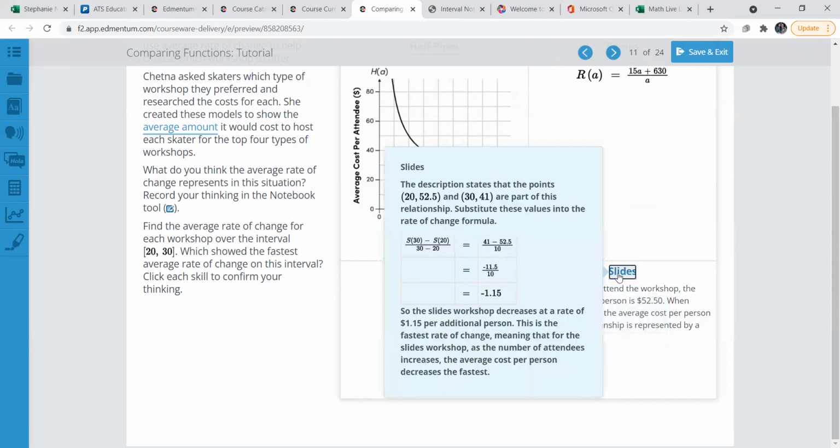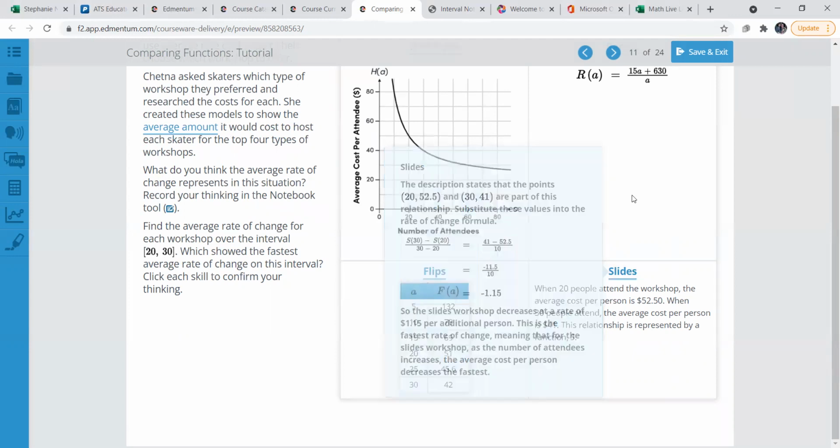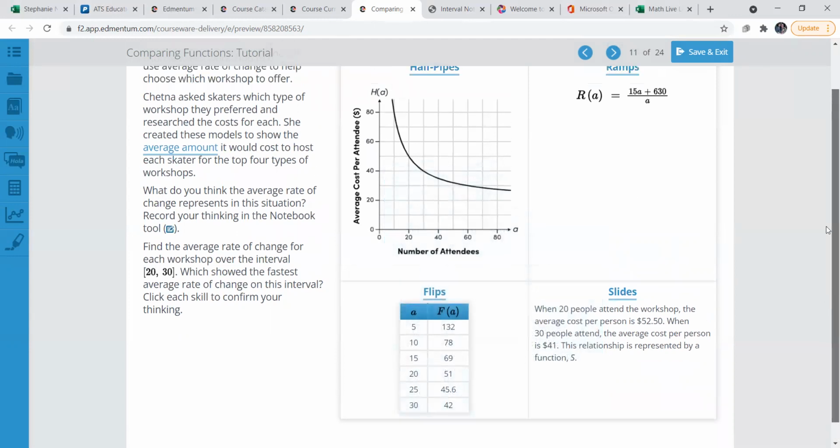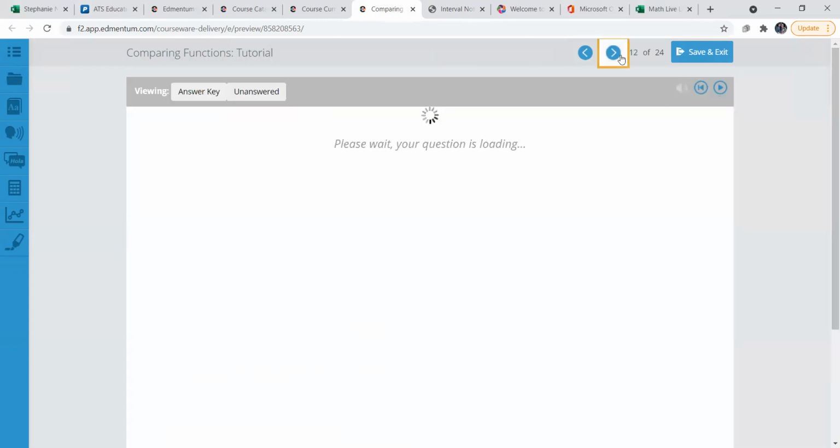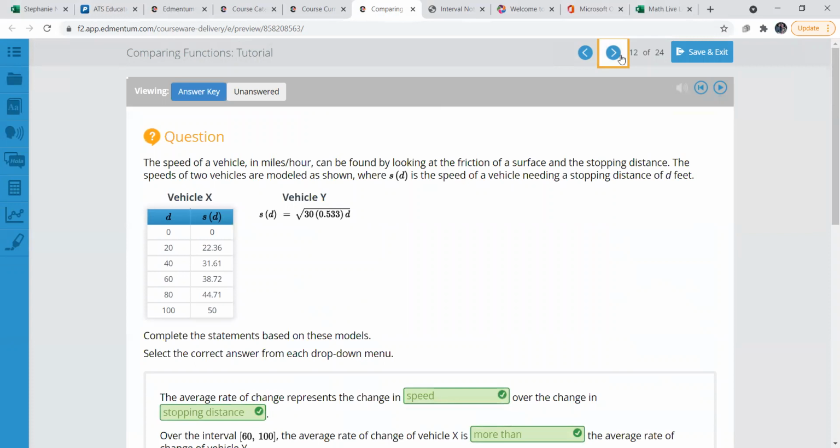Okay. And slide. The description states that the points at 20, 52.5 and 30, 41 are part of this relationship. Substitute these values into the rate of change formula. So just different examples of what we would do with functions. All right, I will have you do this question on your own.